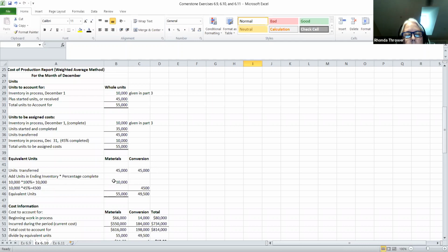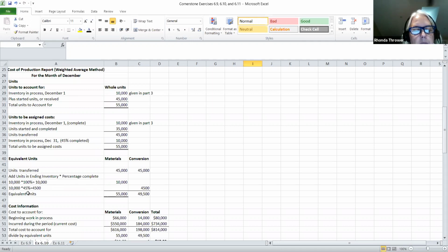To find the materials, since they're all added at the beginning of the process, 10,000 times 100% is 10,000 units. So that's how we get this figure right here.